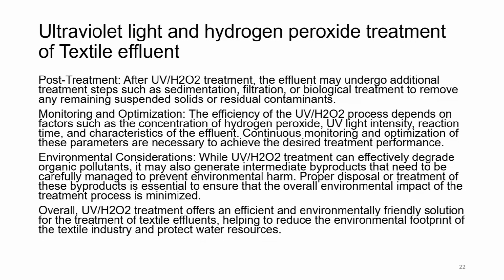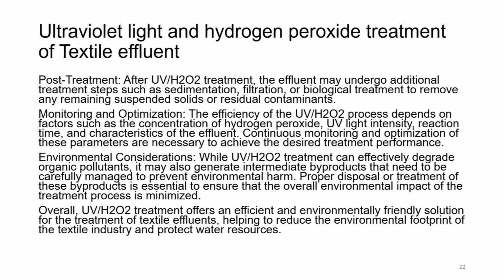The efficiency of the UV and hydrogen peroxide process depends on factors such as concentration of hydrogen peroxide, UV light intensity, reaction time and the characteristics of the effluent. Continuous monitoring and optimization of these parameters are necessary to achieve the desired treatment performance.